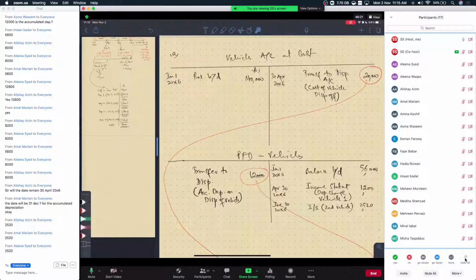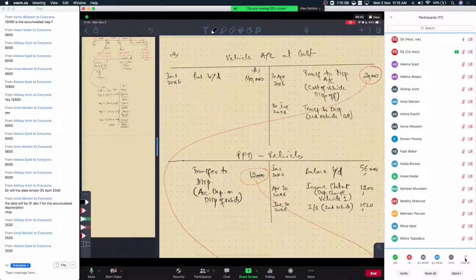So the cost account transfer is simple because all we have to do is put the value there. Cost value is already given. So we'll put 30th of June here, 20x6. Okay, we will transfer to disposal account. That is the second vehicle's cost, right?